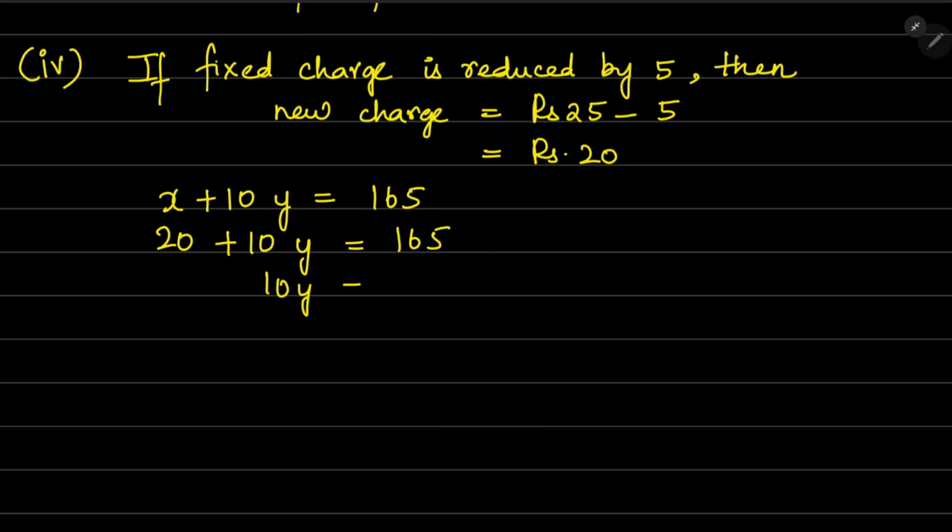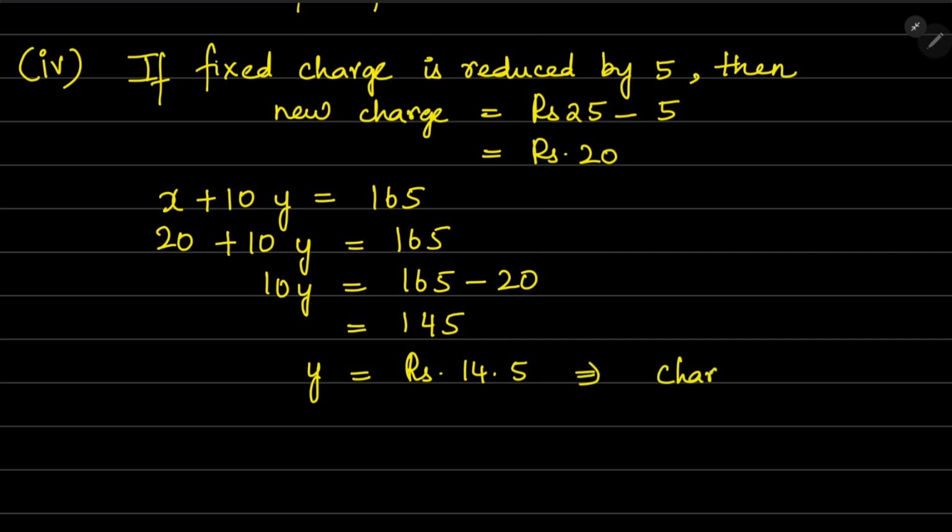So what is 10y equal to? 165 minus 20, which is nothing but 145. So what is your y? y will be equal to rupees 14.5. So this will be your charges per kilometer. So this is your answer. You have to take any one of the equations and substitute this new charge. That is your new x value.